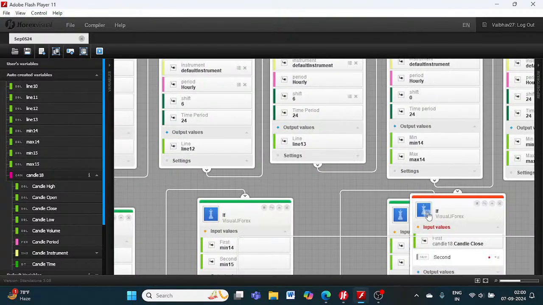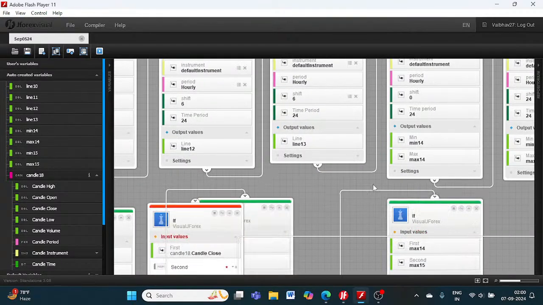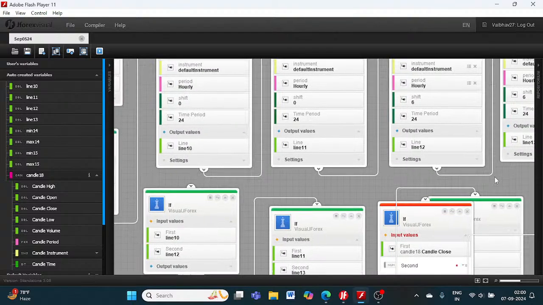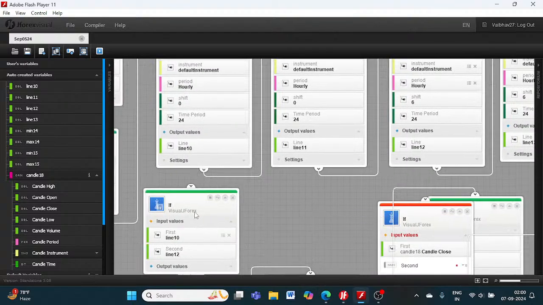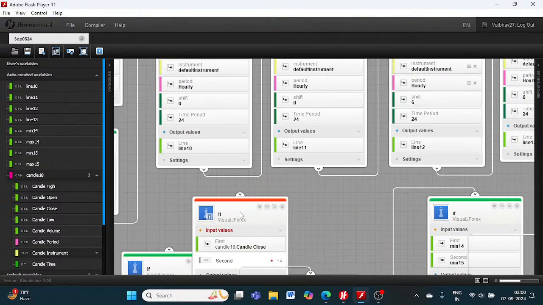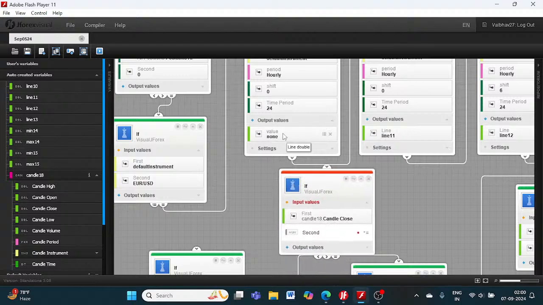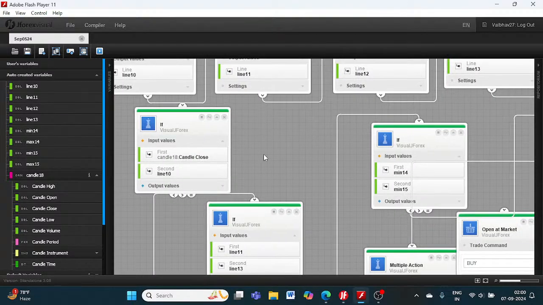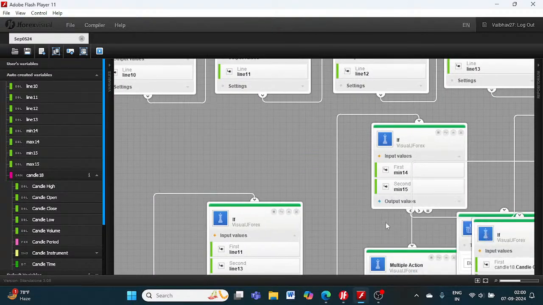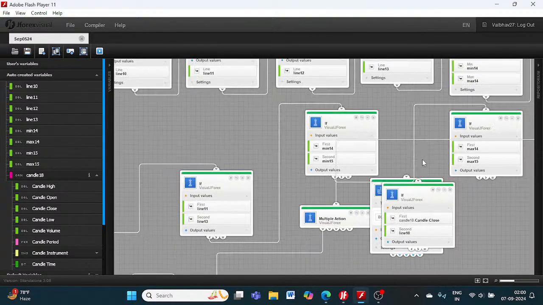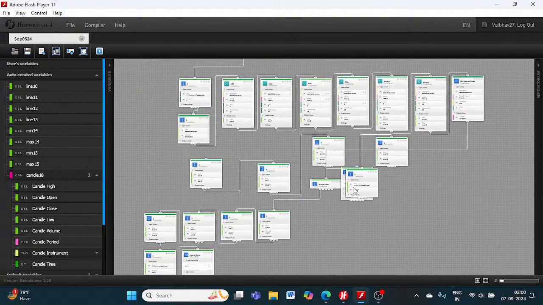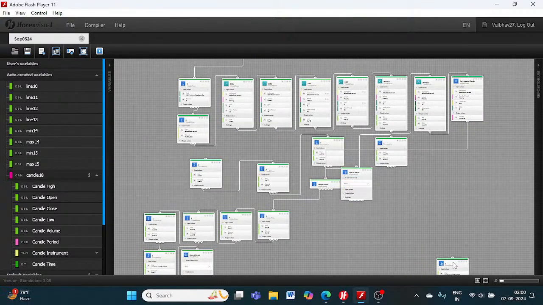So for that I'm going to need to do the comparison of candle 18 candle close with line 10, which is the SMA of the high price, current SMA of the high price for 24 hours. So with this, we have defined the conditions for the execution of the trade.